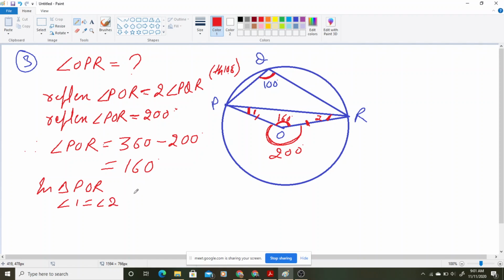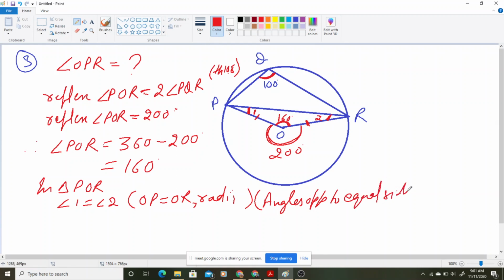Why? Because OP and OR are equal. They are the radii. So that means angles opposite to equal sides are equal. So now you can see angle 1 plus angle 2 plus this 160 will be 180.